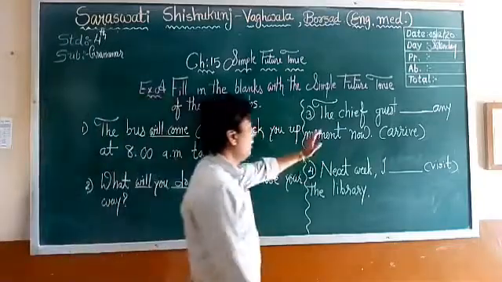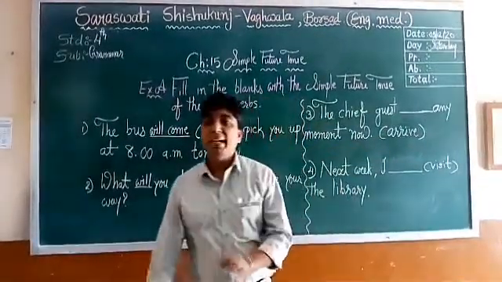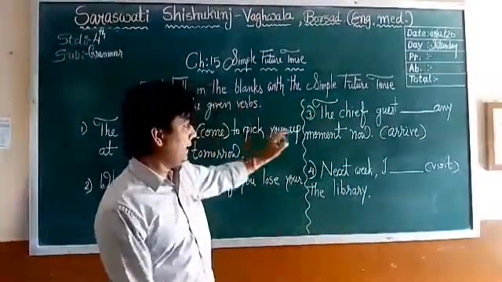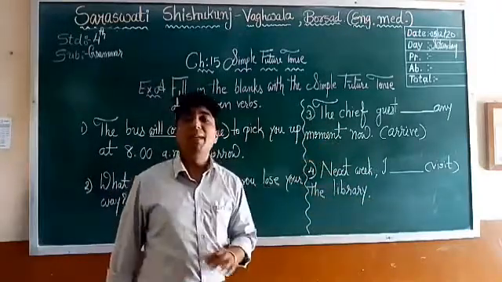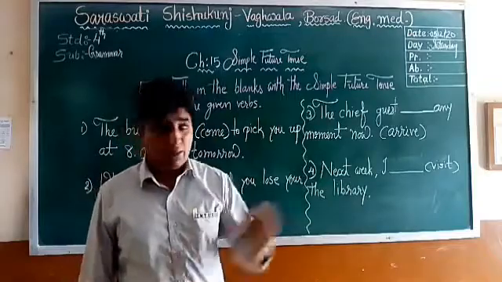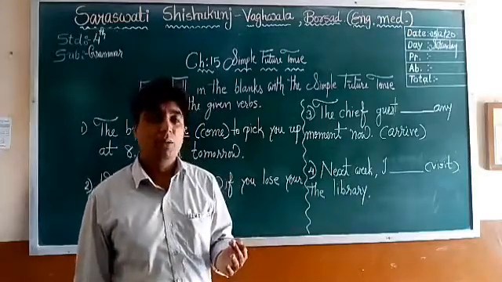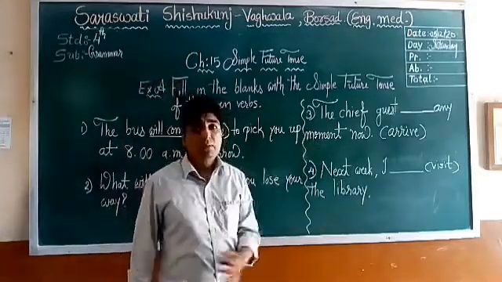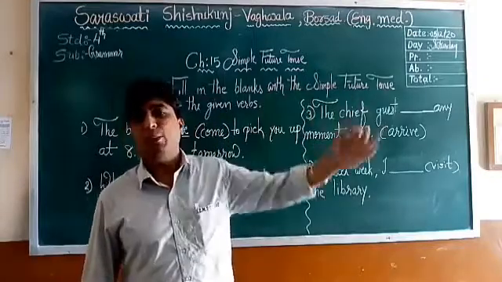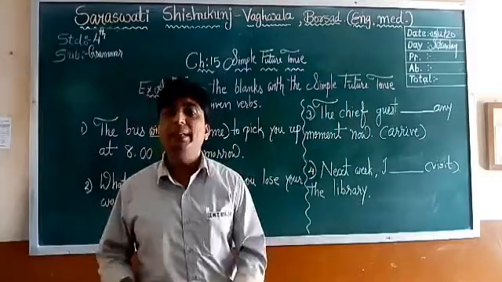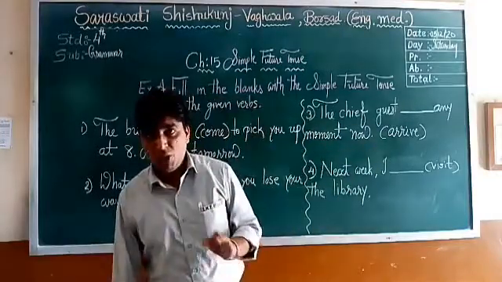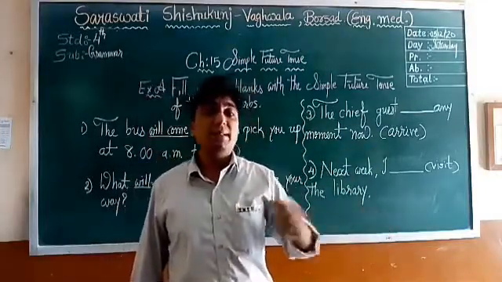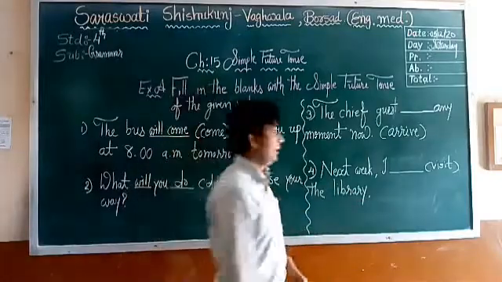Let's take the third one. The chief guest, the main person. The chief guest ___ any moment now. In bracket, the verb has been given: arrive. Arrive means to come. Now, the chief guest is going to come. He has not come yet. So the chief guest is our subject. What should be there after subject? Yes, will.